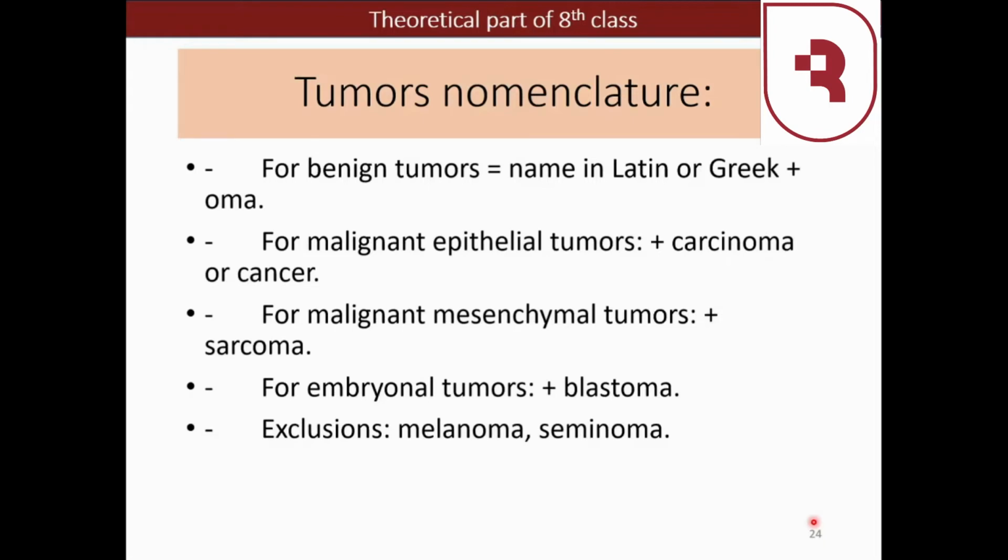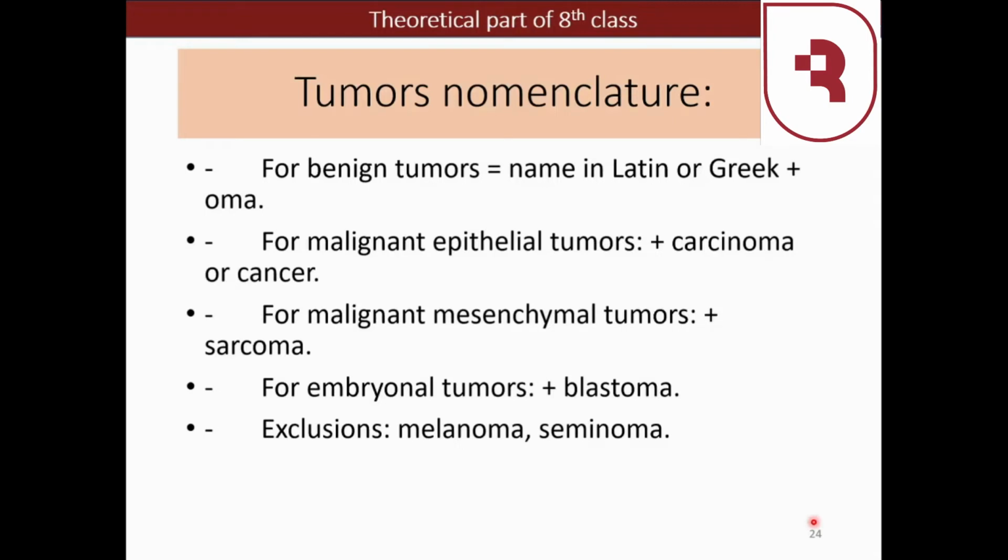For malignant mesenchymal tissues, we should use sarcoma, and we should remember which tissues are mesenchymal. They are adipose tissue, bone tissue, connective tissue, the vessels, and the cartilages. They will have the suffix sarcoma.